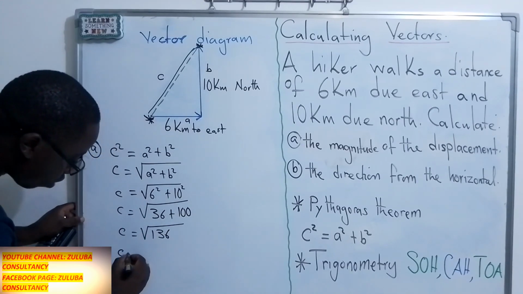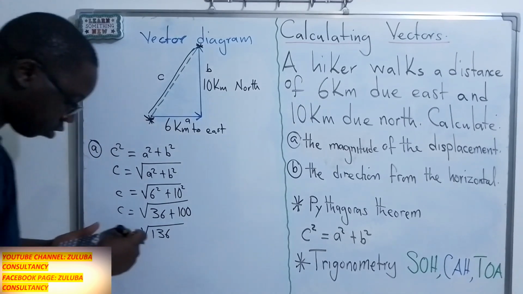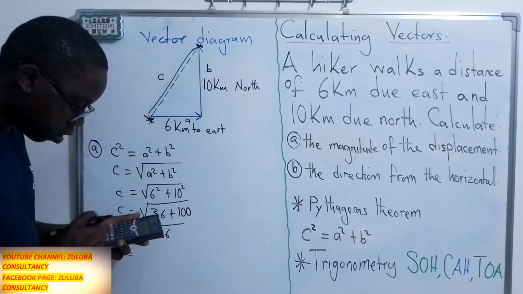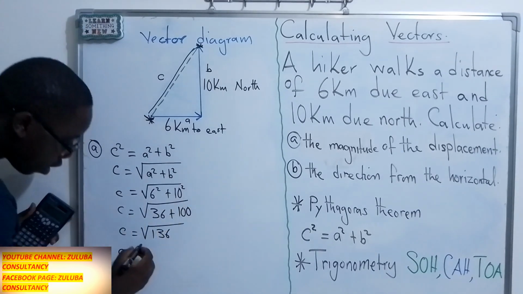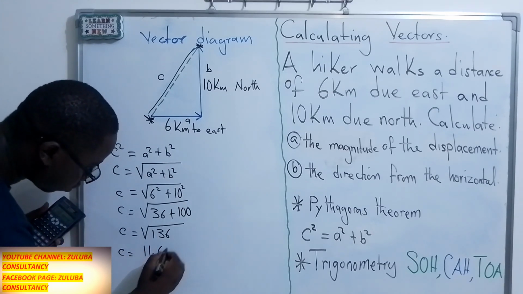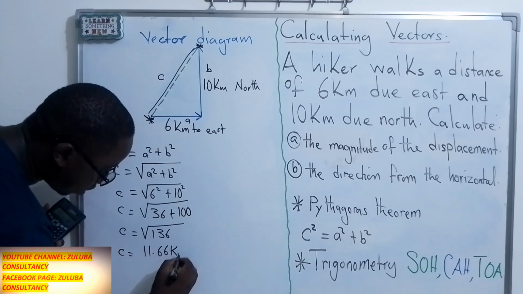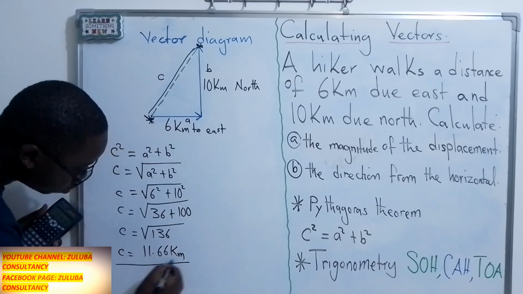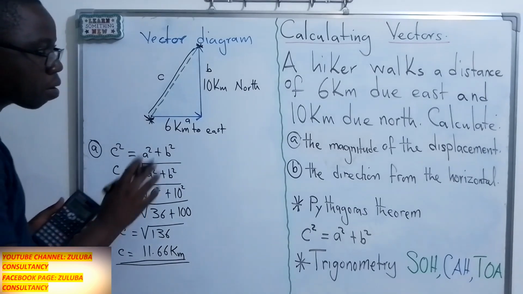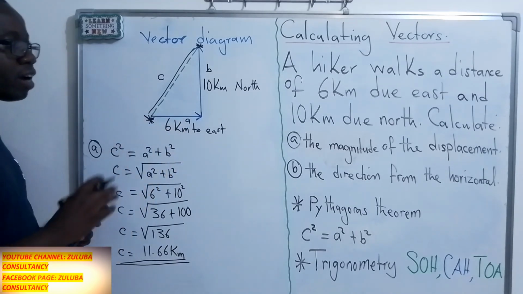So what is the square root of 136? The square root of 136 gives us 11.66 kilometers. So this becomes the magnitude of the displacement made by this hiker.